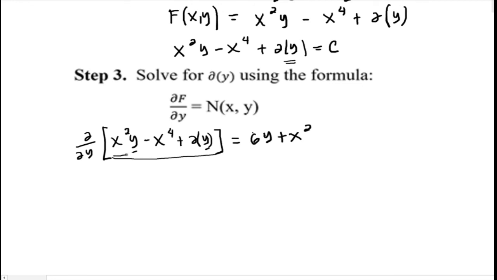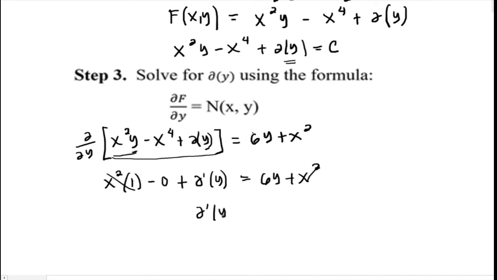So the derivative for this x squared y is x squared, the constant, then derivative of y is 1. Then derivative for the constant x to the 4th is 0, plus the derivative of that unknown function of y is symbolized by this prime, then equals 6y plus x squared. As noticed, our x squared is cancelled. Then, the partial derivative for this function is equal to 6y.